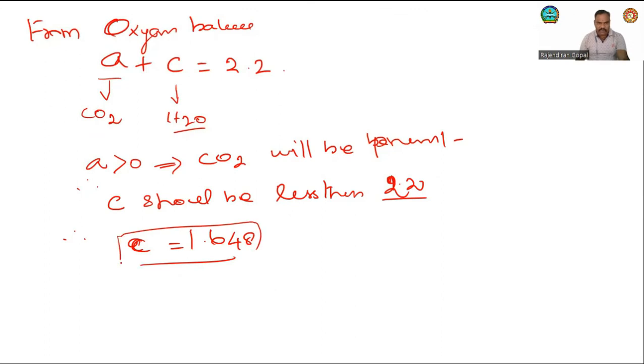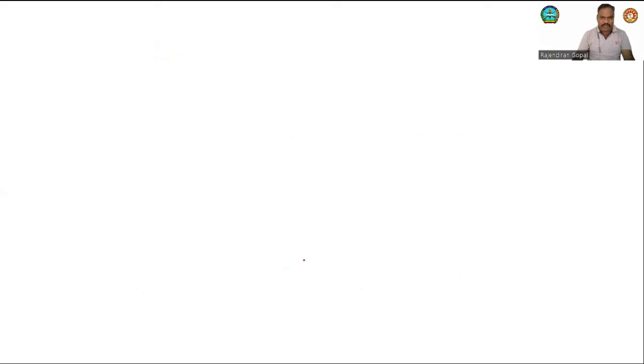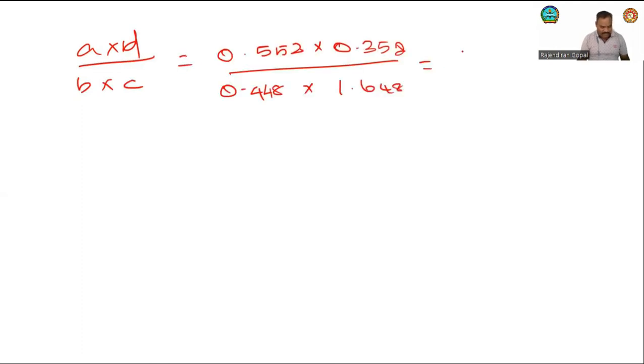Now when we find the other parameters, A is equal to 2.2 minus 1.648, that is equal to 0.552. Then B is equal to 1.648 minus 1.2, which is 0.448. D is equal to 2 minus 1.648, which is 0.352. Now for checking, A multiplied by D over B multiplied by C is equal to 0.2632.